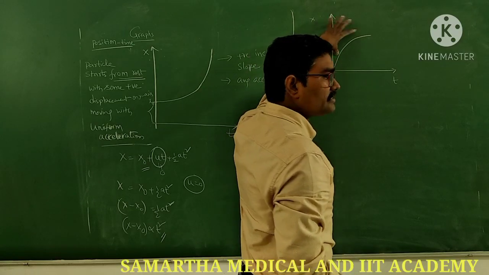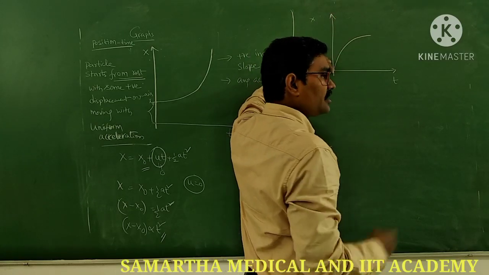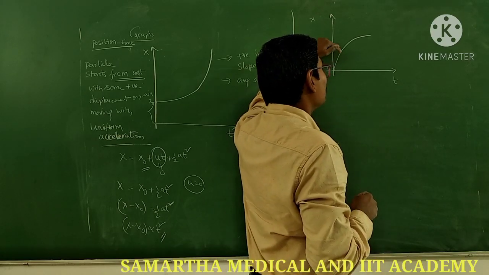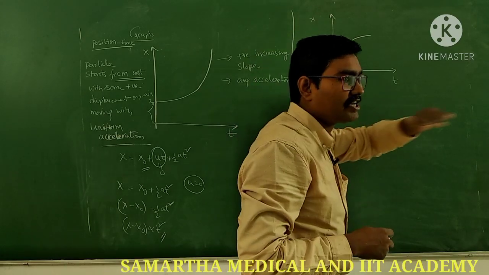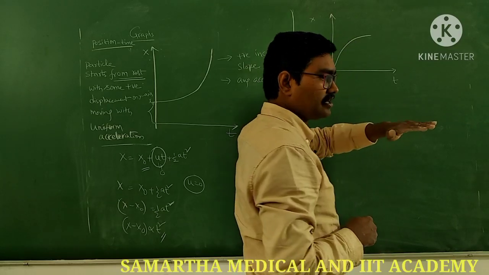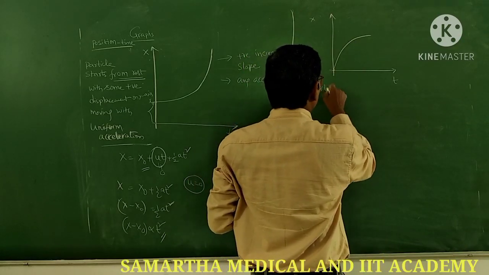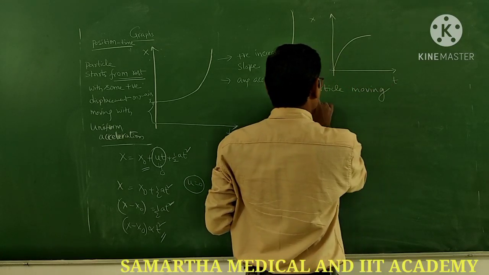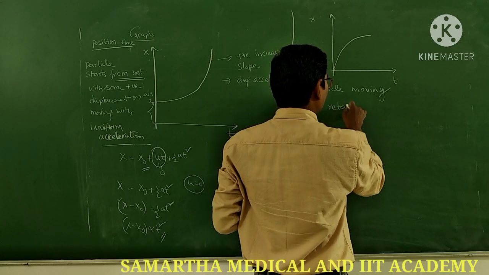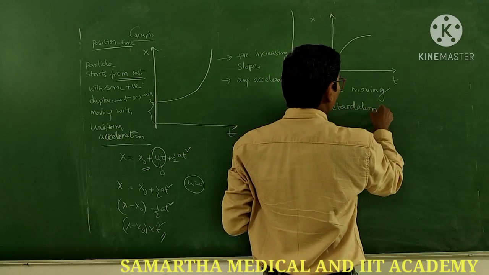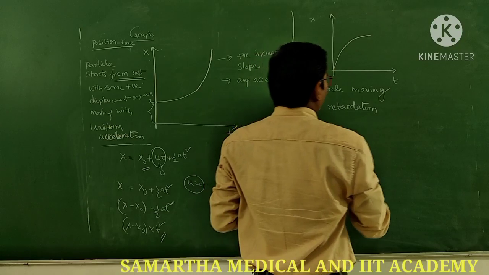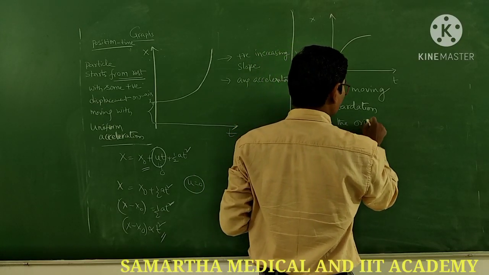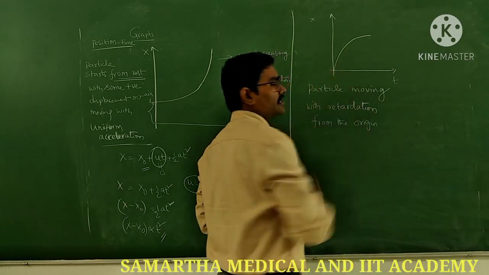What does this curve mean? The particle is started from rest, but what happens? Acceleration is decreasing, retarding. The particle is moving with retardation or deceleration from the origin of the coordinate system.